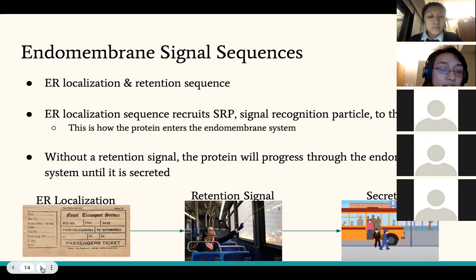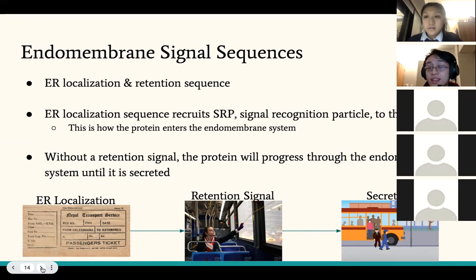If you look down at the graphic, the analogy would be like taking a bus: the ER localization is your bus ticket. It's how you get onto the bus. Then along the way, there are retention signals. If the cell detects a retention signal, it'll keep the protein in that specific place. There are different types, like ER retention sequences and Golgi retention sequences.